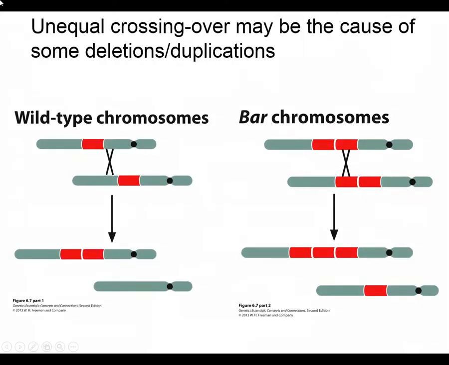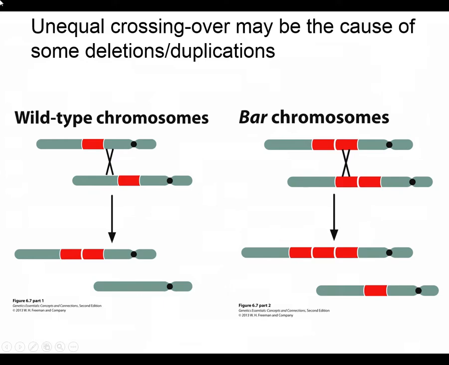Now the way we explain how these duplications and deletions first arise originally is potentially through something called unequal crossing over. If you have just a mistake during meiosis, you can have a case where the chromosomes don't synapse properly, and that can cause one of the homologs to get two copies of a gene, and maybe the other homolog doesn't get any of that gene.